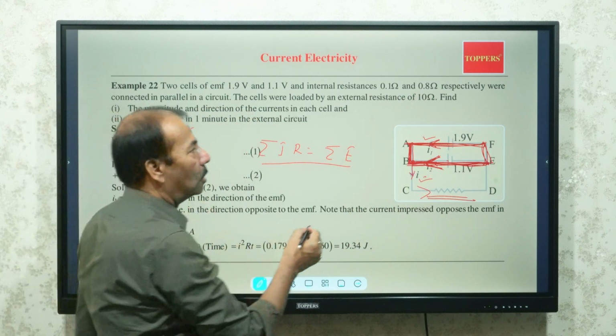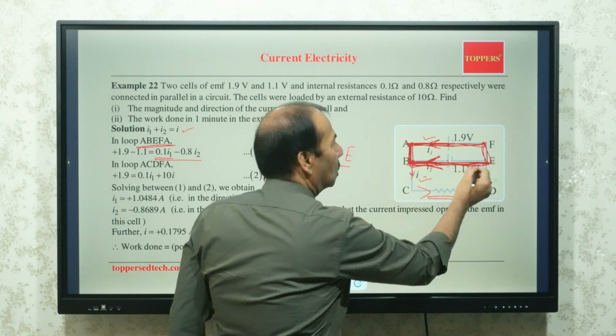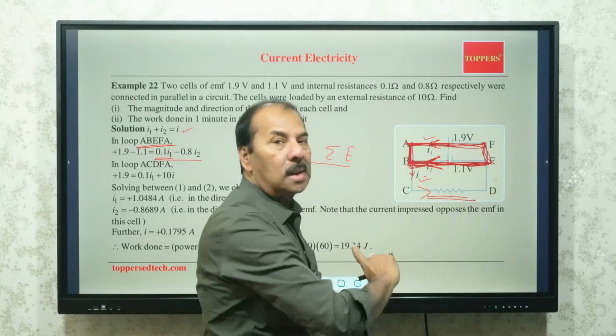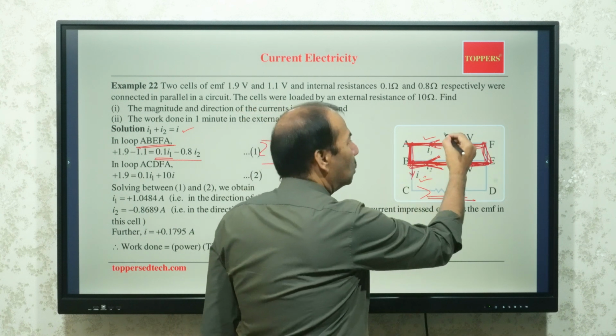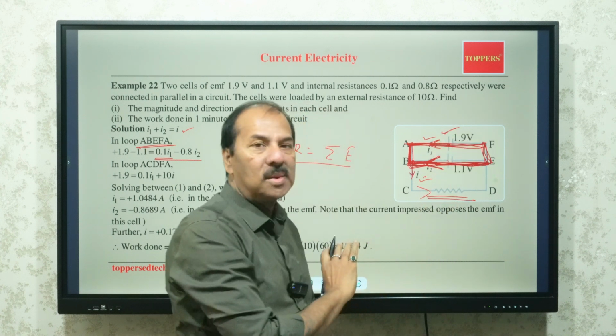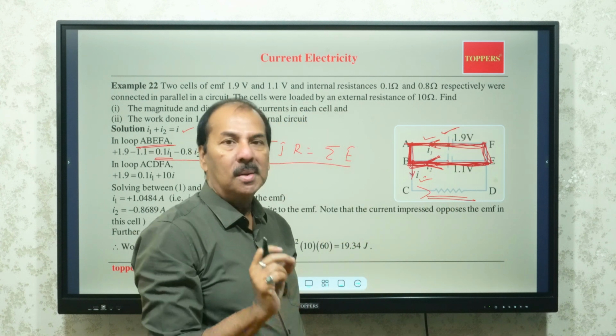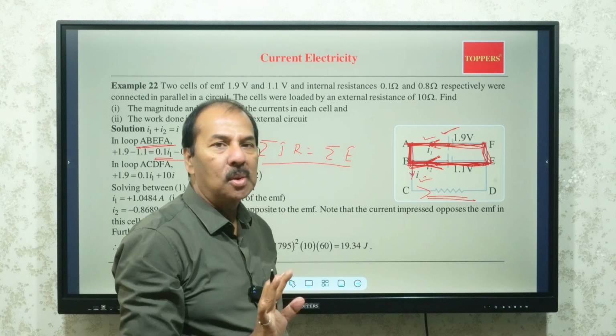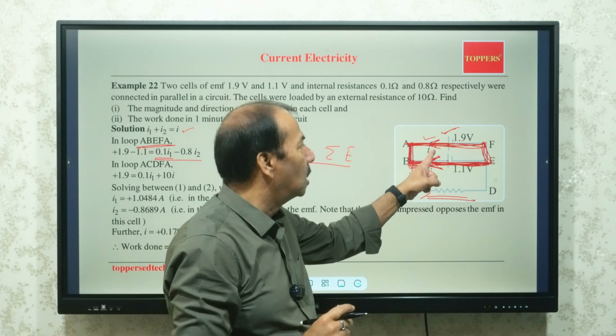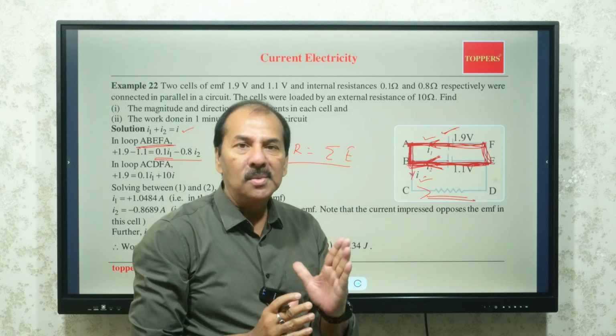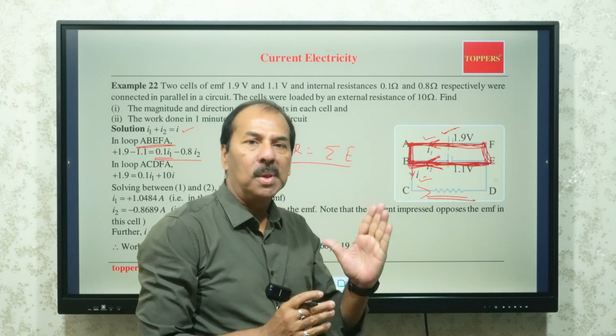It should be equal to how much? The sum of all EMFs in this circuit. Now see how the EMFs will be considered. The exact direction of the flow of current right now we don't know, but we have assumed here, and we know that the tendency to release current is always from higher to lower.